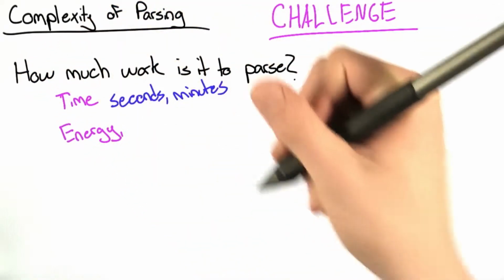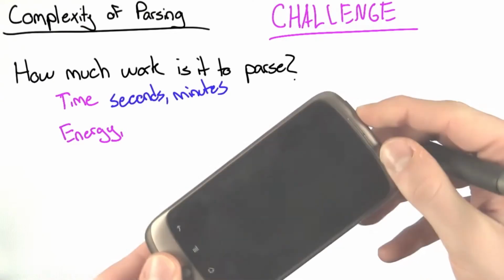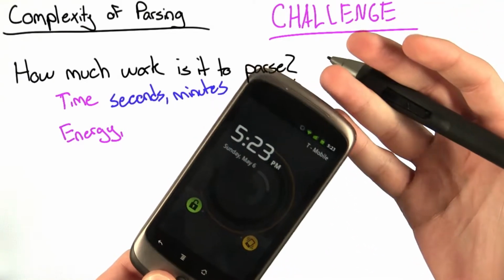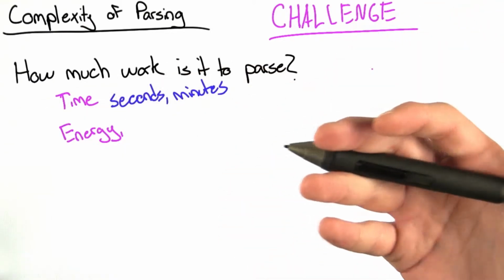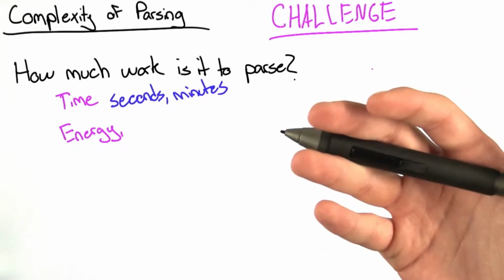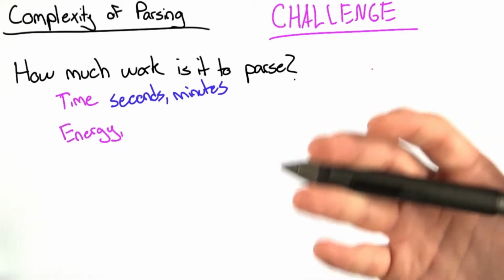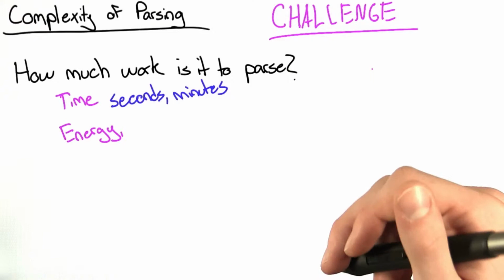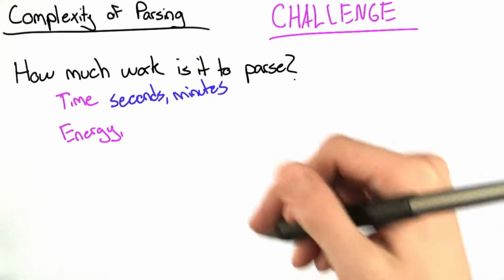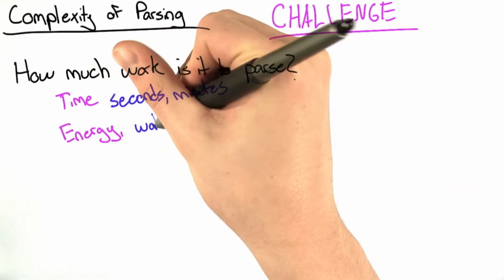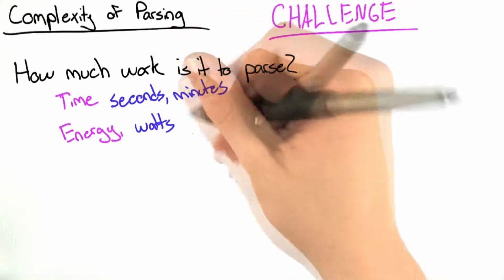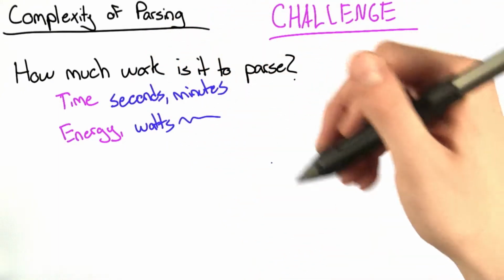When you have a web browser on something like my phone, then we need to decide whether or not our web browser is efficient enough not to drain my phone 4 hours into the day. I'm sure that's happened to some of you before. So this might be measured in watts or some other measurement of power.